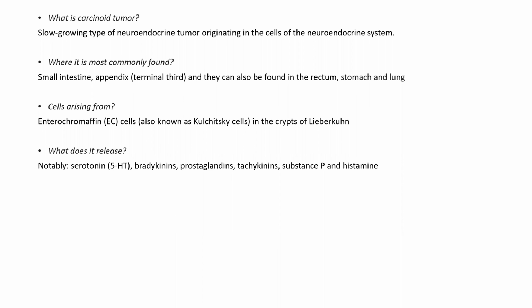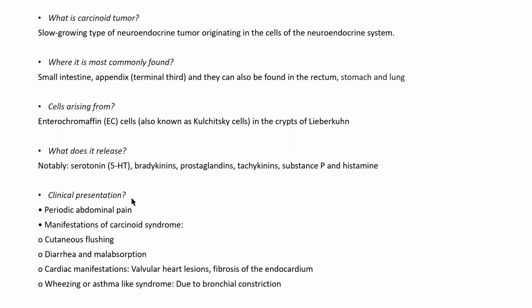In the respiratory system, the patient will have wheezing or an asthma-like syndrome because of bronchoconstriction, and because of vasodilatation, cutaneous flushing. Also diarrhea, malabsorption, and in the cardiovascular system, valvular heart lesions and endocardial fibrosis.